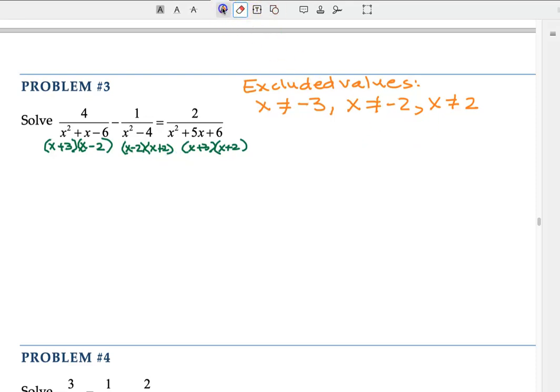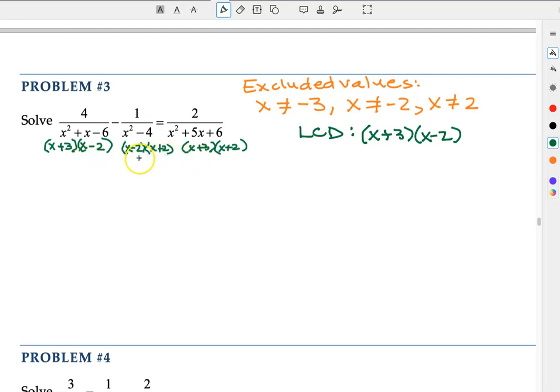And then let's find our LCD now. I'm going to rewrite it so it's easier to see. But remember, we start off with just one of the denominators, and then we want to make sure that every single part has that. So my LCD has to have the x plus 3 and the x minus 2, because that's what I have in this first fraction.